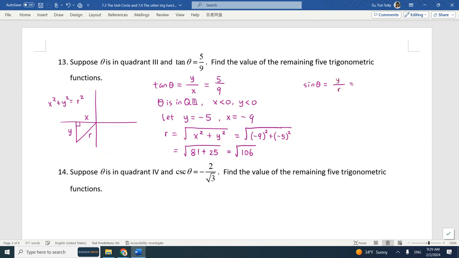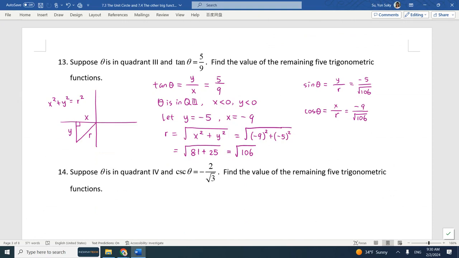Y over r. What is y? -5. What is r? Square root of 106. And then cosine theta is what? X over r. What's x? -9 over the square root of 106.